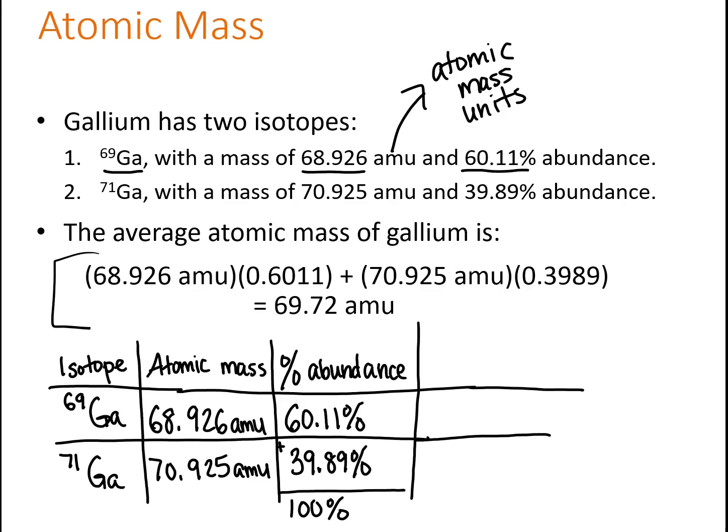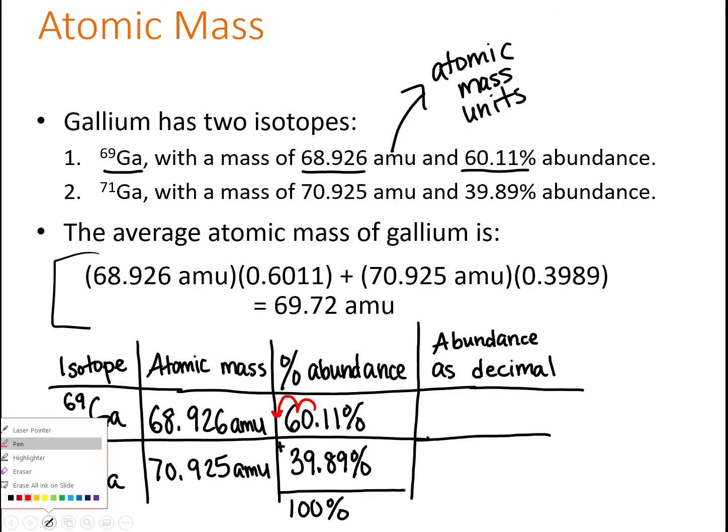Now I said there's one more column. I like to rewrite the abundance as a decimal. So 60.11% as a decimal, you're going to move this decimal point to the right, or excuse me, to the left 2 times.